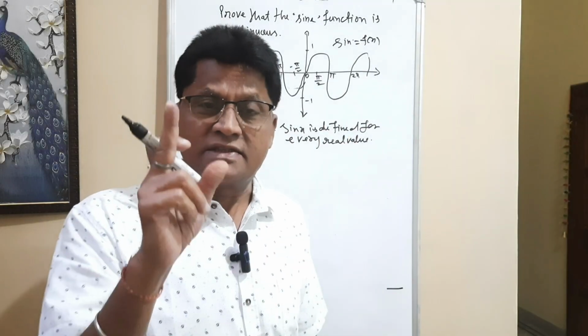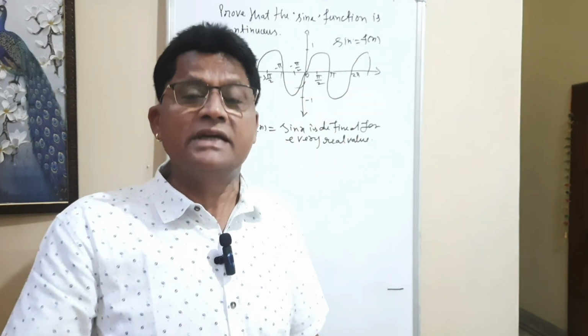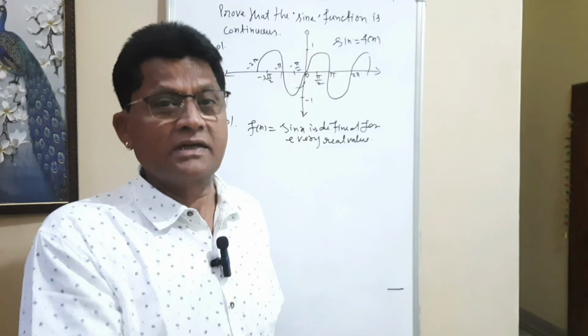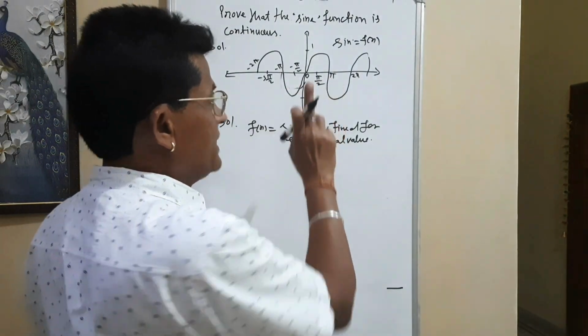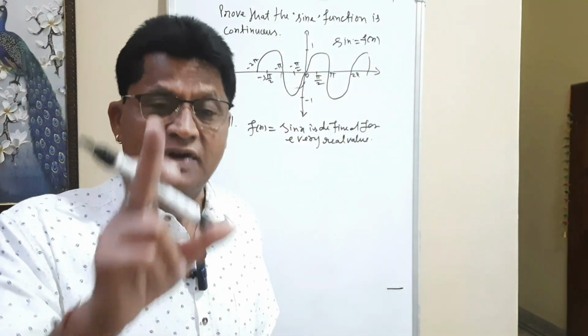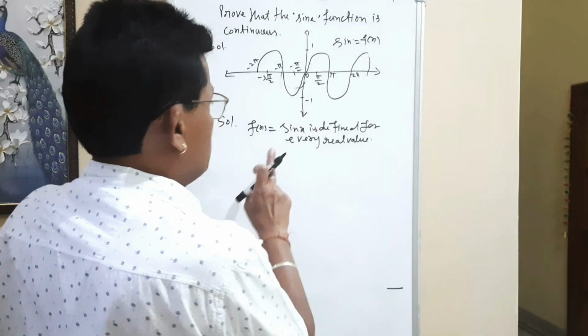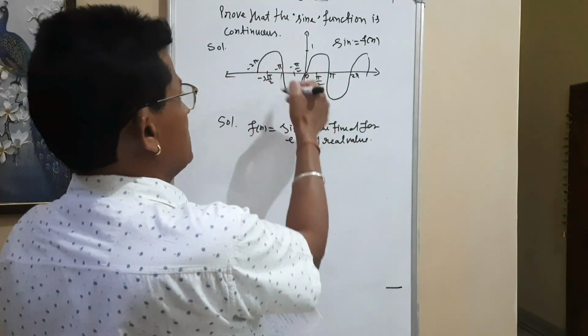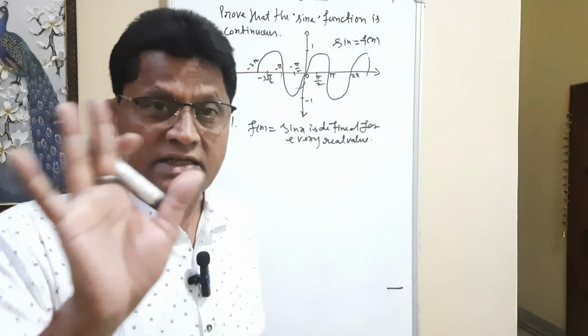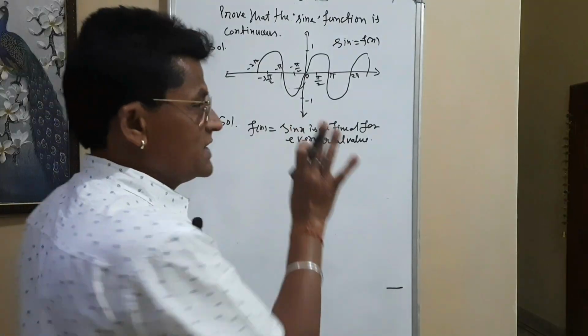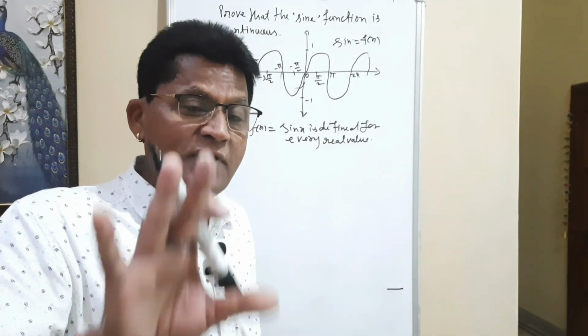Domain means each and every value will be there, each and every real value will be there. At each and every real value, the sine function will be defined. Okay, that is why, let me prove that it is continuous. You see, there is no breakage in the graph. Okay, that is why the sine function is continuous at every real value.